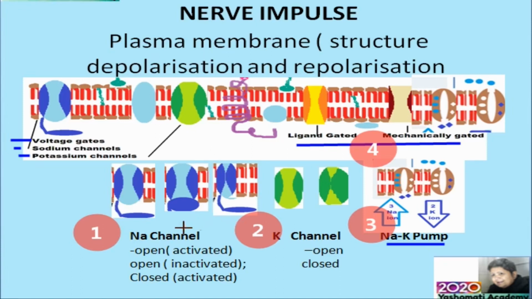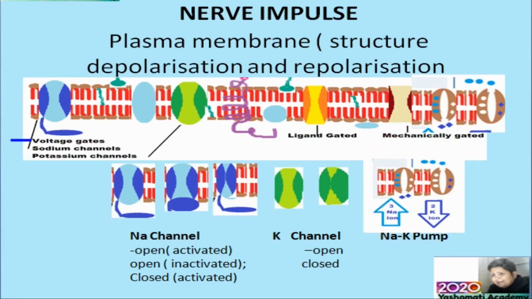So when we are studying this, certain potentials are very important to understand, because they will be regulating the generation and conduction of nerve impulse.